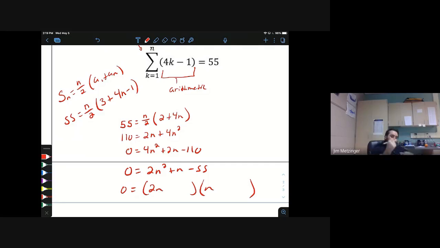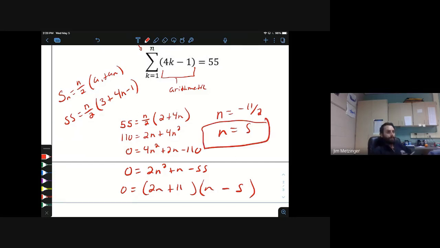It's going to be 11 and 5, plus 11 minus 5. You had 2 options for n. Negative 11 halves, positive 5. Here's the thing about n. When it comes to series and sequences, they're counting numbers. What are counting numbers? Yeah, whole positive numbers. 5 is my answer, not negative 11 halves. So n is 5.